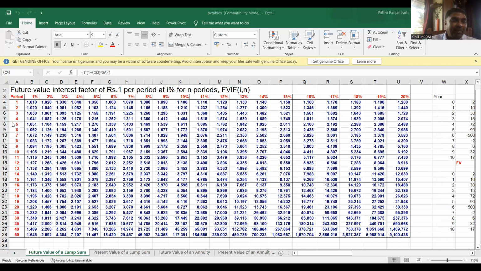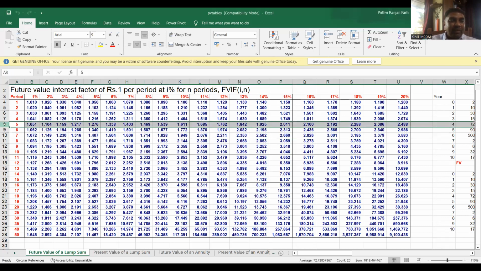Here I'm selecting the period 5. This is the row. And here you have to see 2.0. 2.0 comes roughly here. You can see 2.011. Before that is 1.925. So it is close to 2.011. And this 2.011 corresponds to 15%. Now you can say growth rate is 15%.